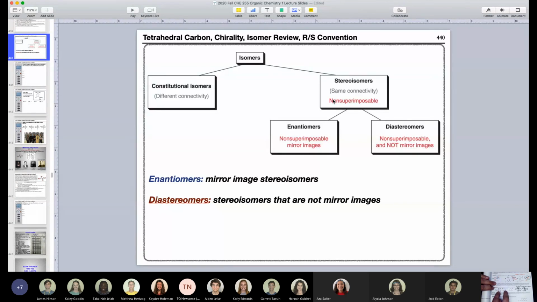So these are enantiomers, correct? What is the relationship between these and then this compound here? So the relationship between either of these and this compound is called what?